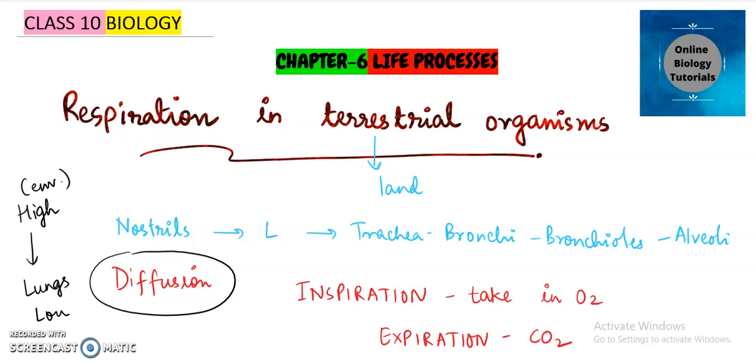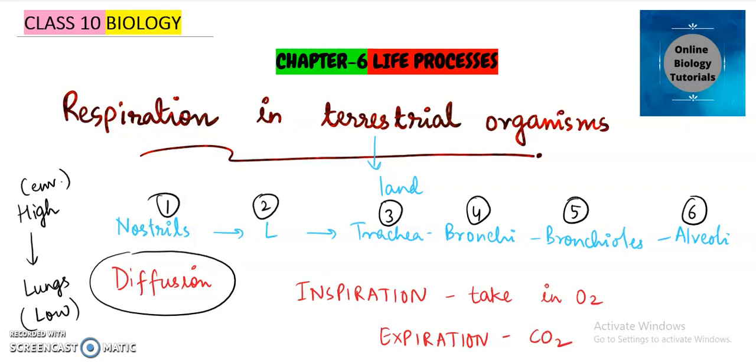So diffusion is the movement of the gaseous particles from the region of higher concentration to the region of lower concentration. So when you inhale, air goes in through your nostrils, then through your larynx, trachea, bronchi, bronchioles, and then it reaches the alveoli.